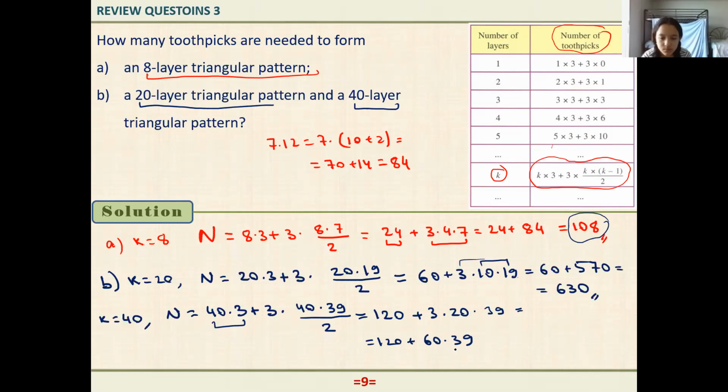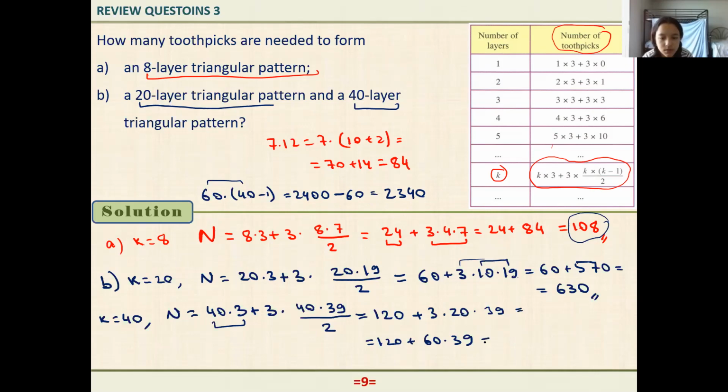Okay, how can we multiply this? Look, 60 times 39. This 39, we can write as 40 minus 1. And 60 times 40, 6 times 4 is 24, with two zeros, that's 2,400. Minus 60 times 1, which is 60. And 2,400 minus 60 is 2,340. So the answer is 2,340.